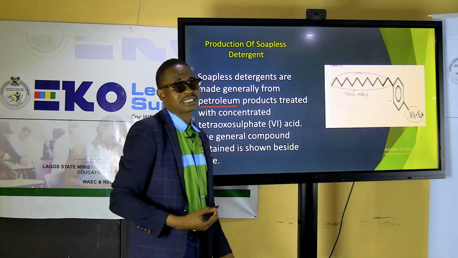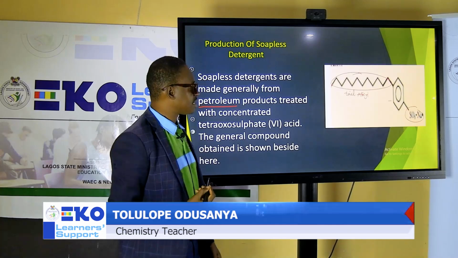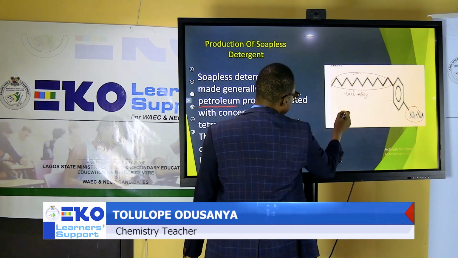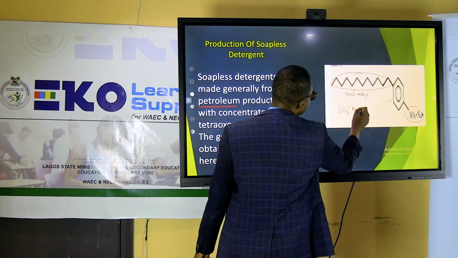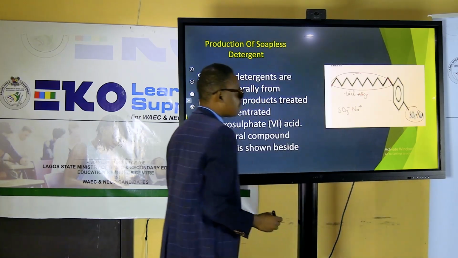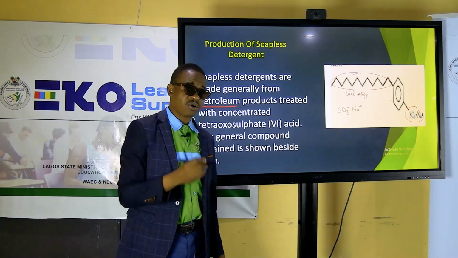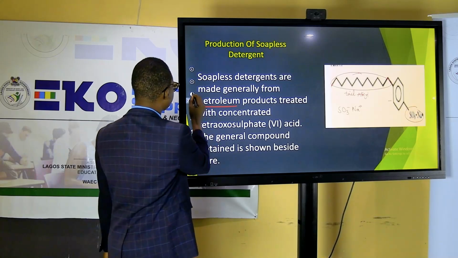And that makes that particular detergent biodegradable. Please note that. And the head here is, again, SO3 minus Na plus, which basically resembles the one we know before from soap. Good.